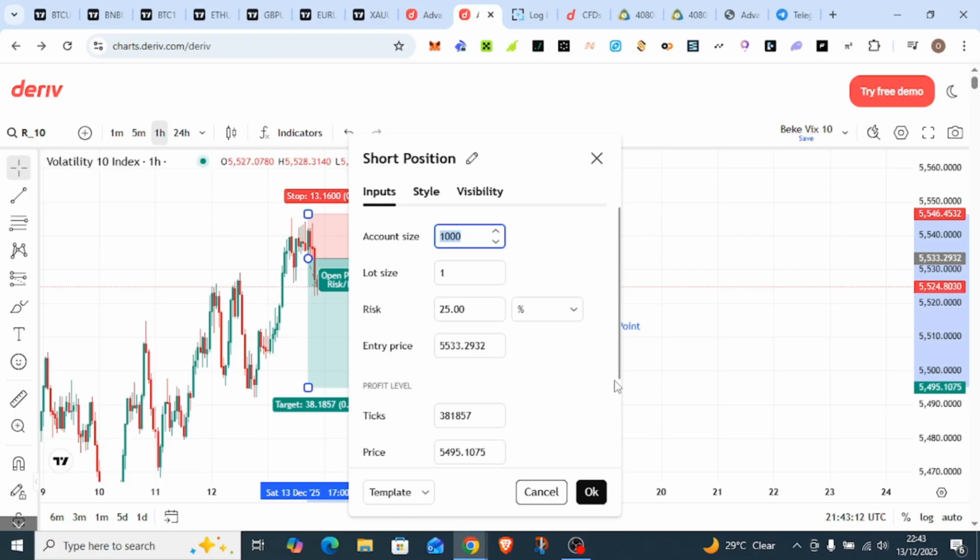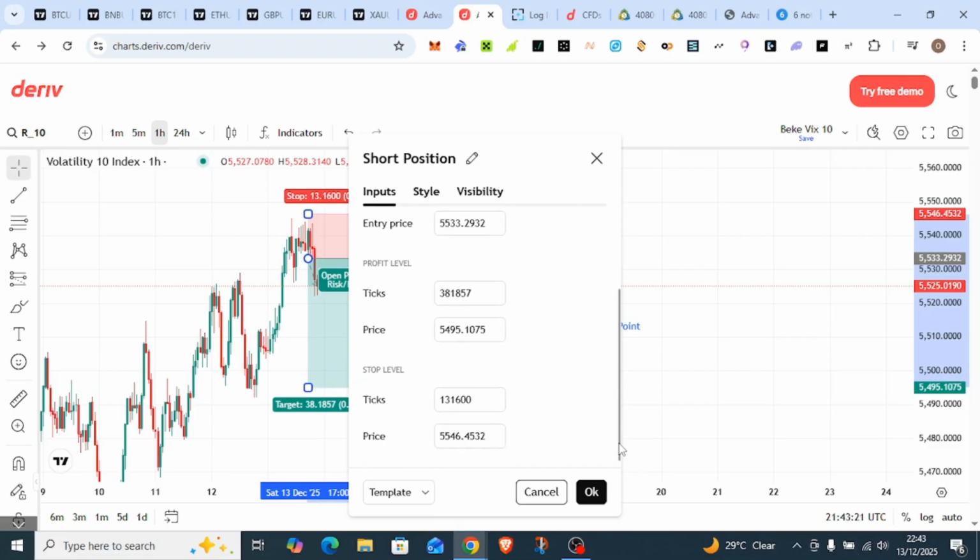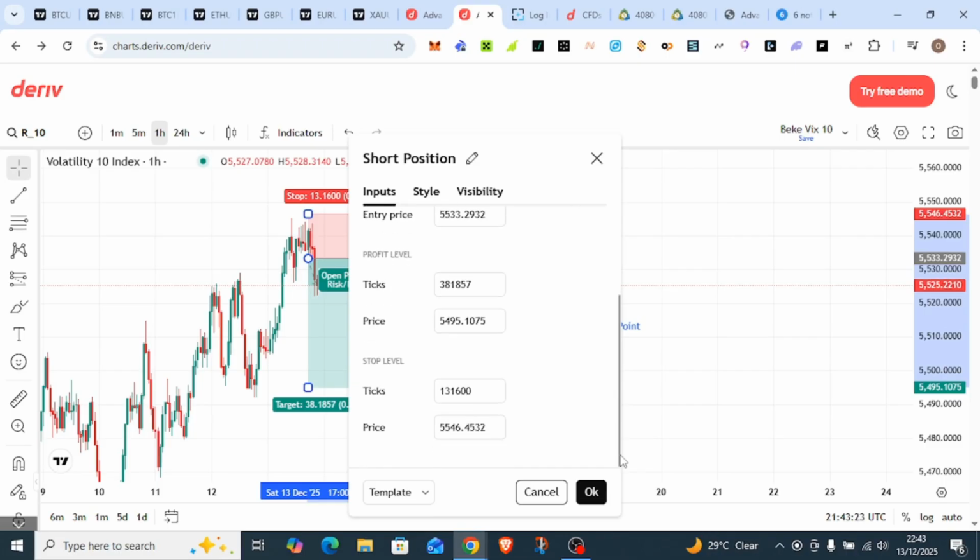Since you are shorting, subtract the entry point from this stop loss.